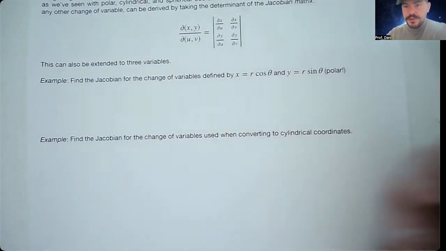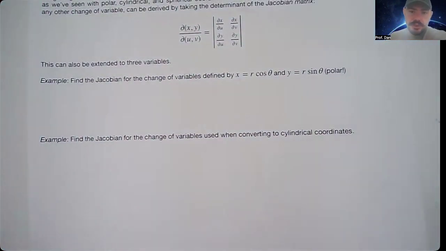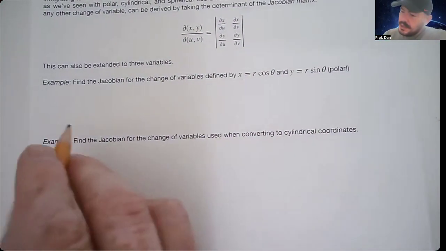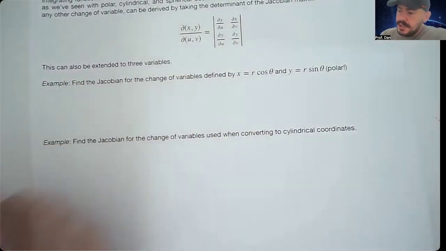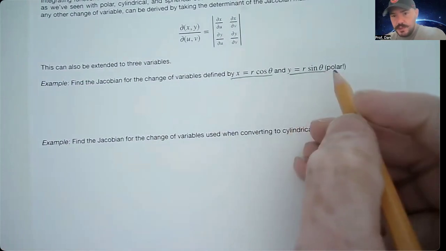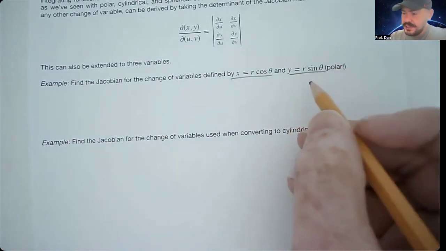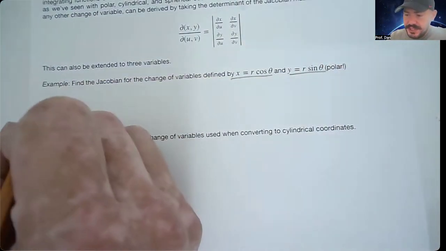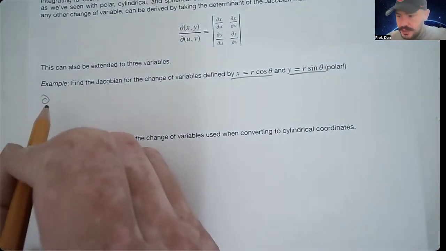In other words, going from rectangular into polar coordinates. We already know what x and y are in terms of the other variables, so there's not really any algebra we need to do. We just need to set up our Jacobian matrix.